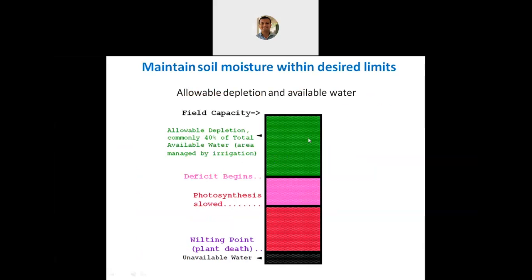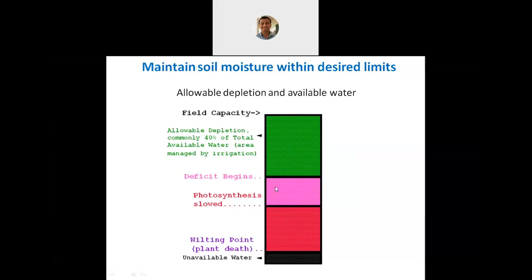So this is again a picture representation of from which point the deficit begins. Basically, between field capacity and permanent wilting point, this is the middle point. Now here, this part we can say is the readily available water. Soil moisture variation within this range does not hamper the crop evapotranspiration or the crop growth and yield.